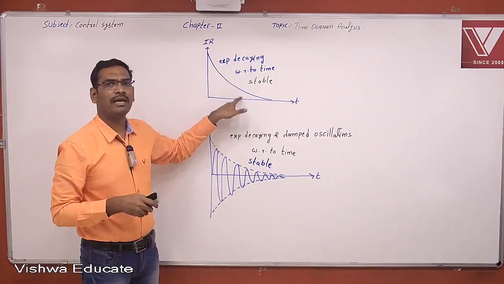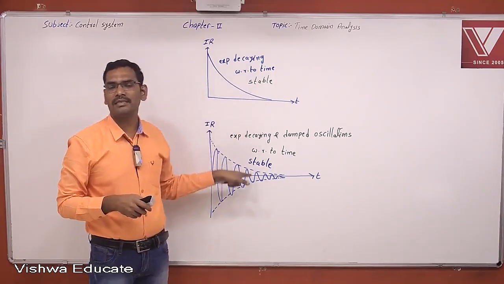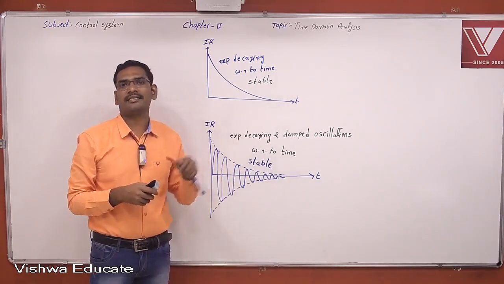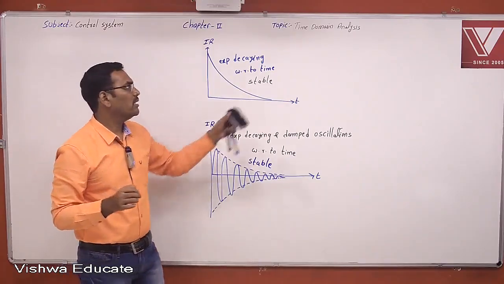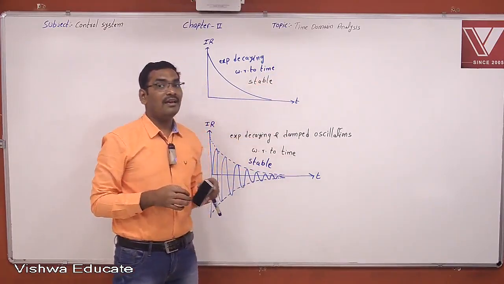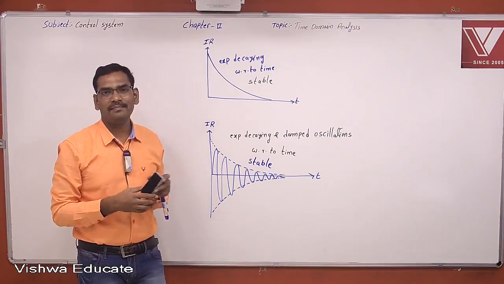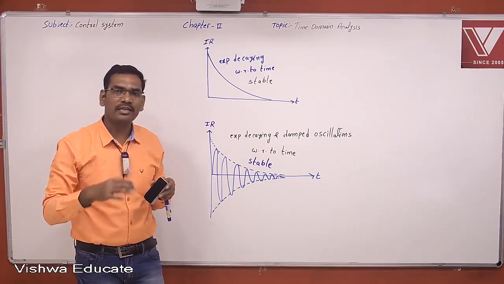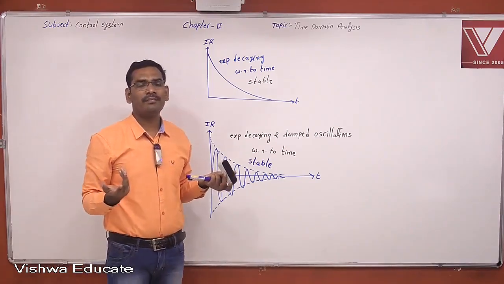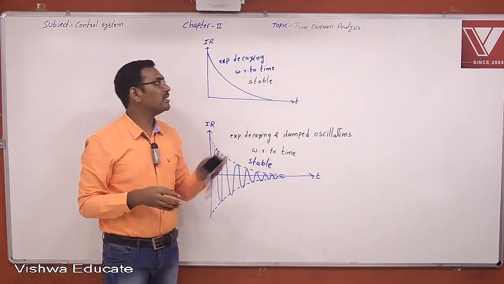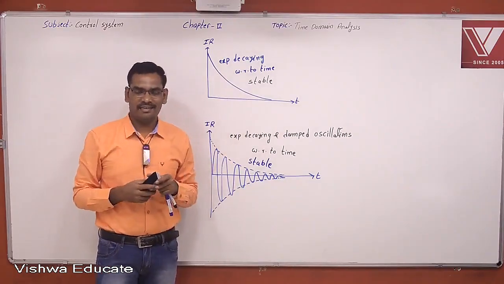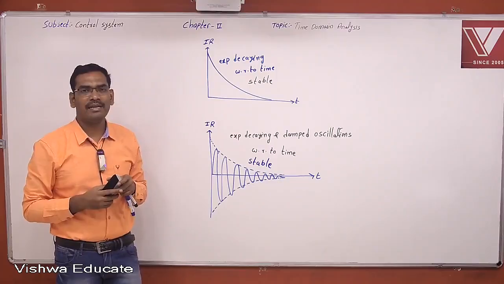Sir, with respect to time the system is stable; the response is like this and the system is stable. That is called time domain analysis. What we covered so far is the same: we draw the responses with respect to time and we measure the performance. So the time domain analysis is completed. Is it right or not? Yes, the time domain analysis is completed.